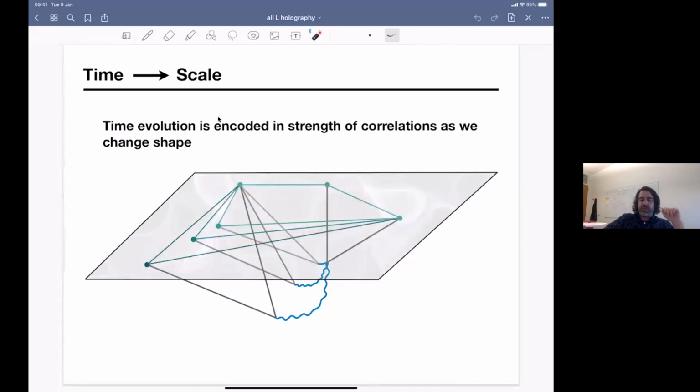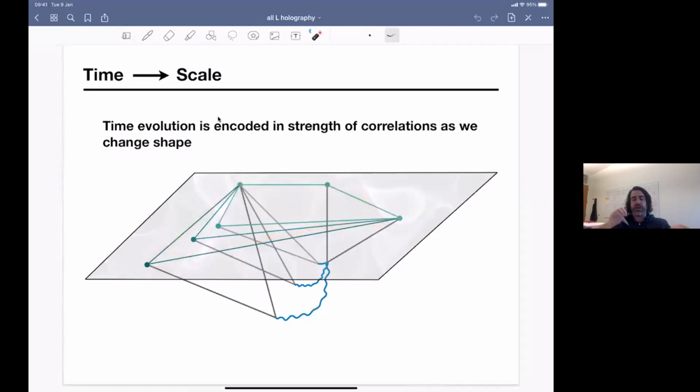And as I change the shape of a boundary observable, for simplicity, let's imagine we think about a 4-point correlation at late times that arises from the production of some particle on shell, which then decays. As I change the shape of this boundary quadrilateral, which the correlation is a function of, what's going on is the bulk particle that produced these correlations is propagating for different distances in the inflationary spacetime.